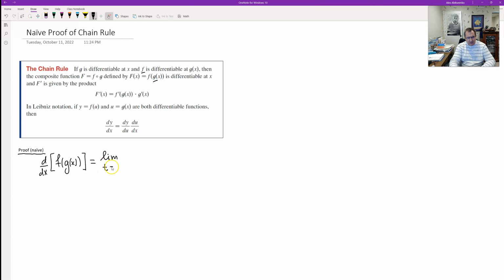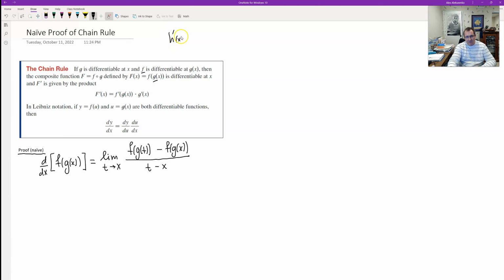Limit as t goes to x of f of g of t minus f of g of x, in the denominator t minus x. Now, if you are wondering where this came from, it's just the definition of the derivative. Let me use a different letter.